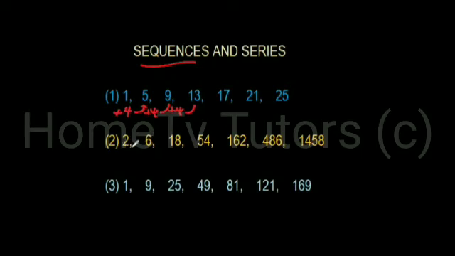For the second set of numbers, the rule is you multiply any term by 3. You multiply the first term by 3, you get the next term, which is 6. 6 times 3 will give us 18, 18 times 3 will give us 54, and so on.